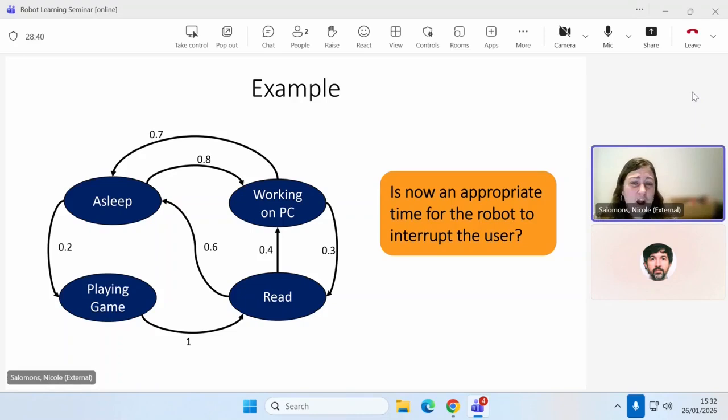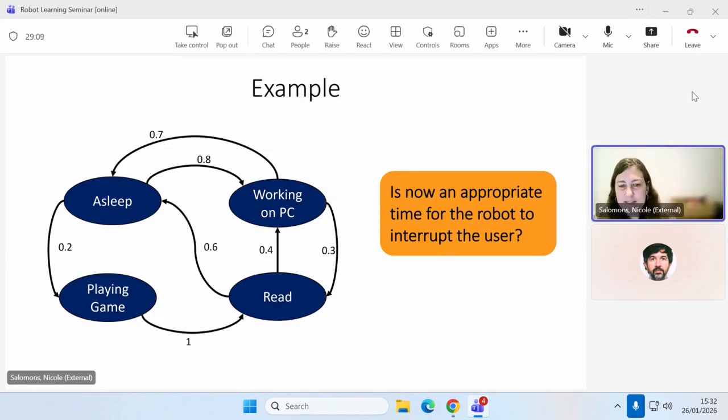Over here, I also have a very simple example of a very simple world, and I'm trying to decide whether it is an appropriate time for a robot to interrupt the user. Let's say the robot is trying to decide when is an appropriate time to provide the news of the day, or to let them know that their meal is finished cooking. So let's say this user has a very simple life where they spend some of their time asleep.